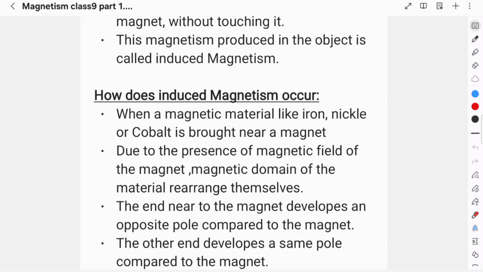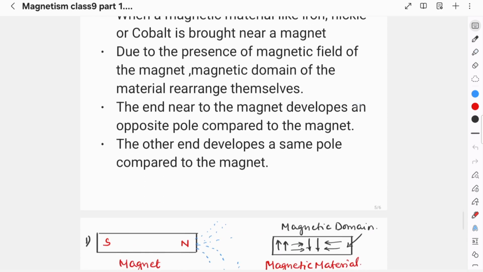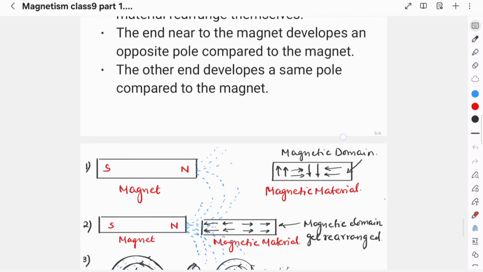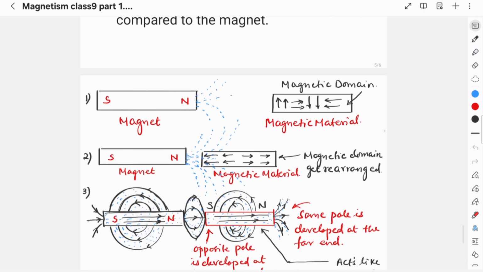So due to the presence of the magnetic field of this magnet, the magnetic domains of the material get rearranged. When these domains get rearranged, the end near to the magnet develops a pole opposite to the magnet, and the other end of the magnetic material develops the same pole as the magnet.